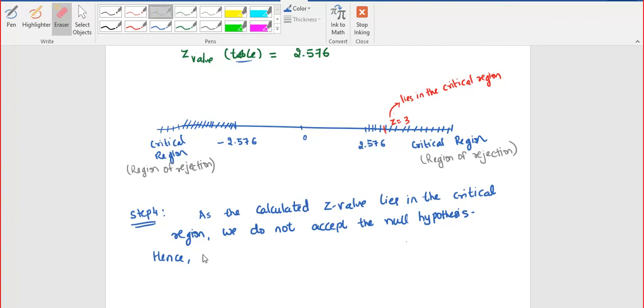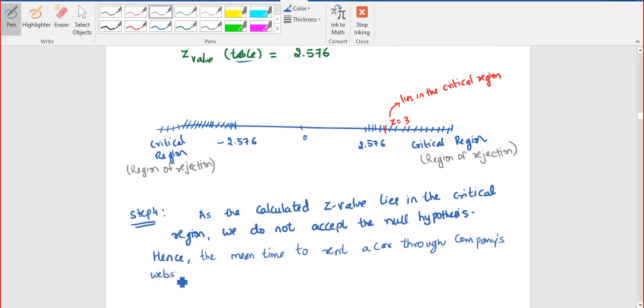Hence, the mean time to rent a car through the company's website is different than 60 seconds.